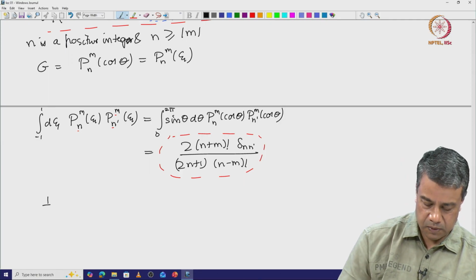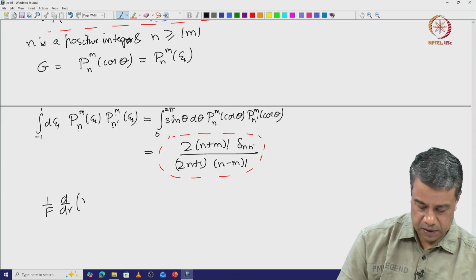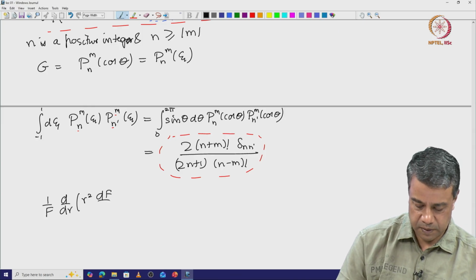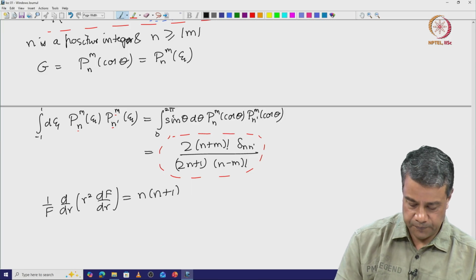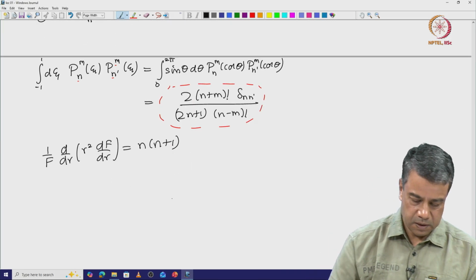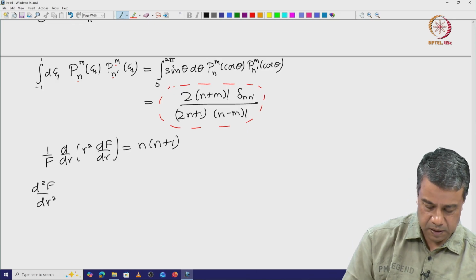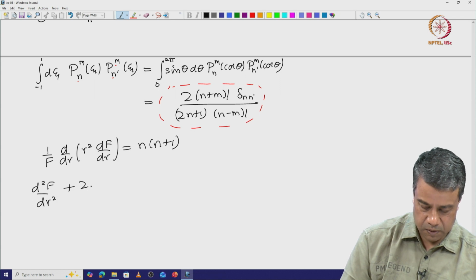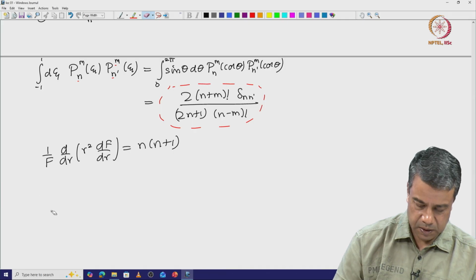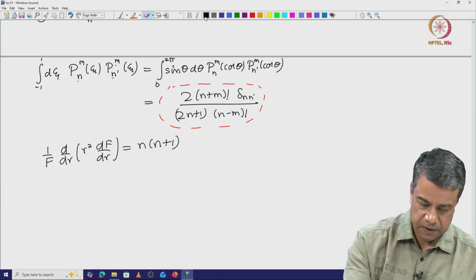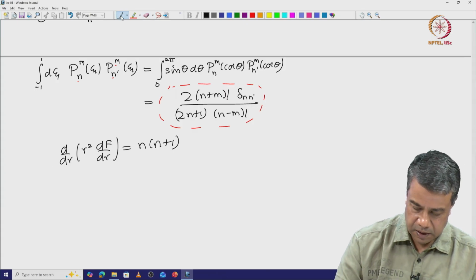In the r direction, 1 over f d by dr of r square df by dr is equal to n into n plus 1. I can multiply throughout by f, and I will just get an f on the right side.